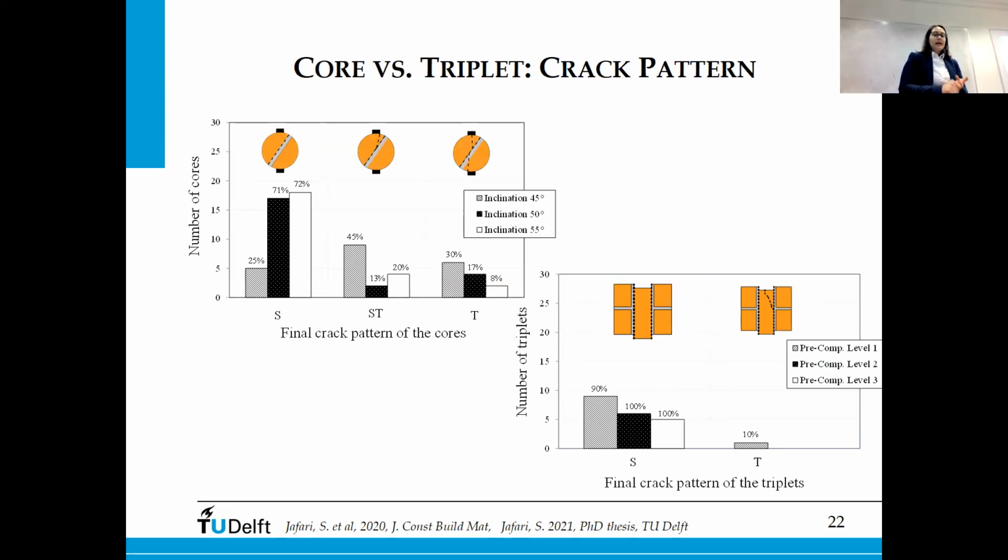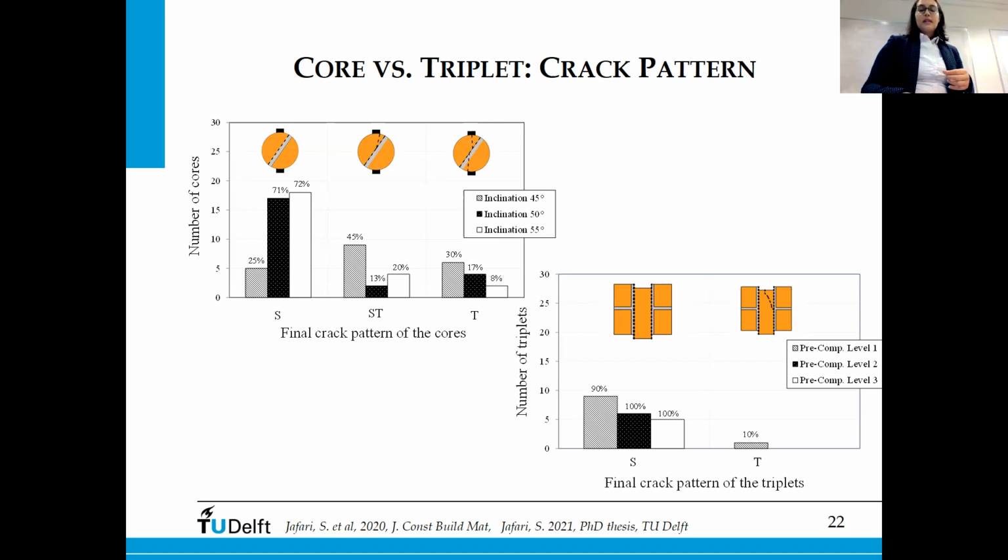In terms of failure mechanism, for both the triplet and the core, we found that most of the time we had shear sliding failure along the joint, sometimes also involving partial cracking of the top brick in the core.